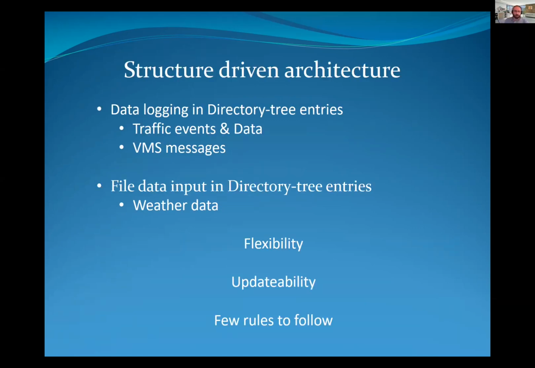Structure-driven architecture. At the point we are getting data from either of the subsystems, whether weather stations, traffic data from VCA cameras, or SCADA systems, we designed our system to not be bound to the data itself.